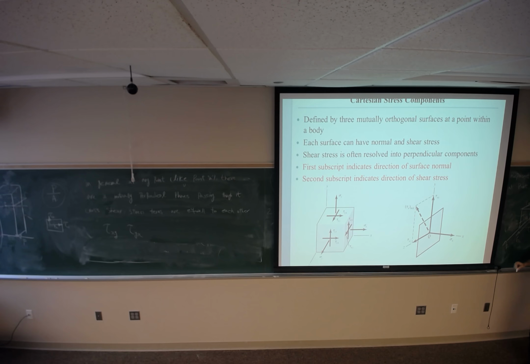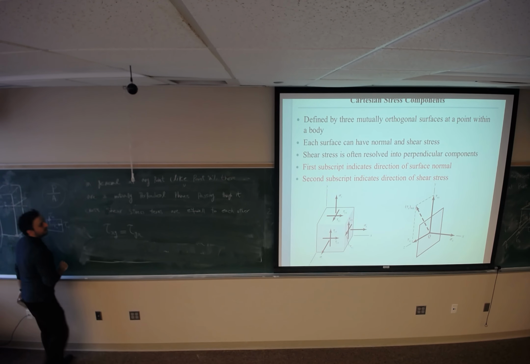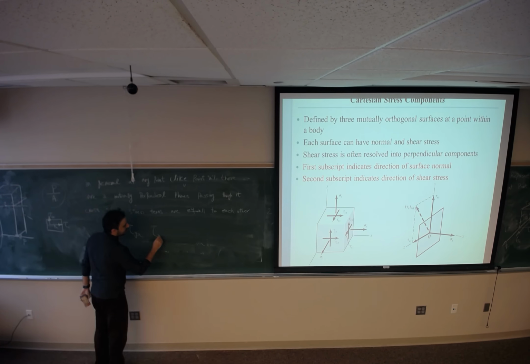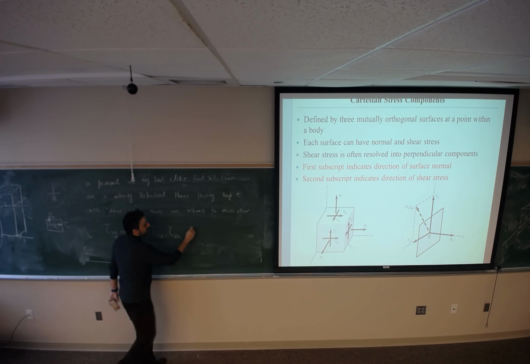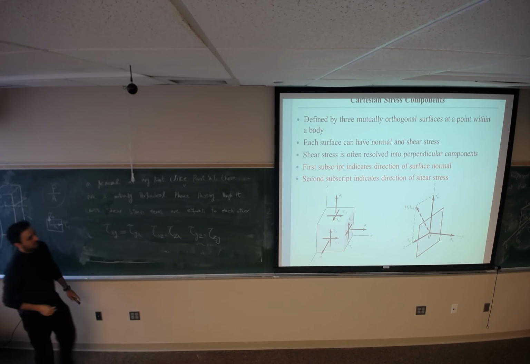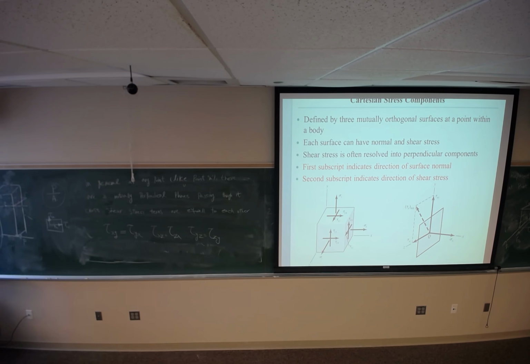So we can prove that tau xy is going to be equal to tau yx, and tau xz is going to be equal to tau zx, and tau yz equal to tau zy. I just switch the subscripts, so they are the same.